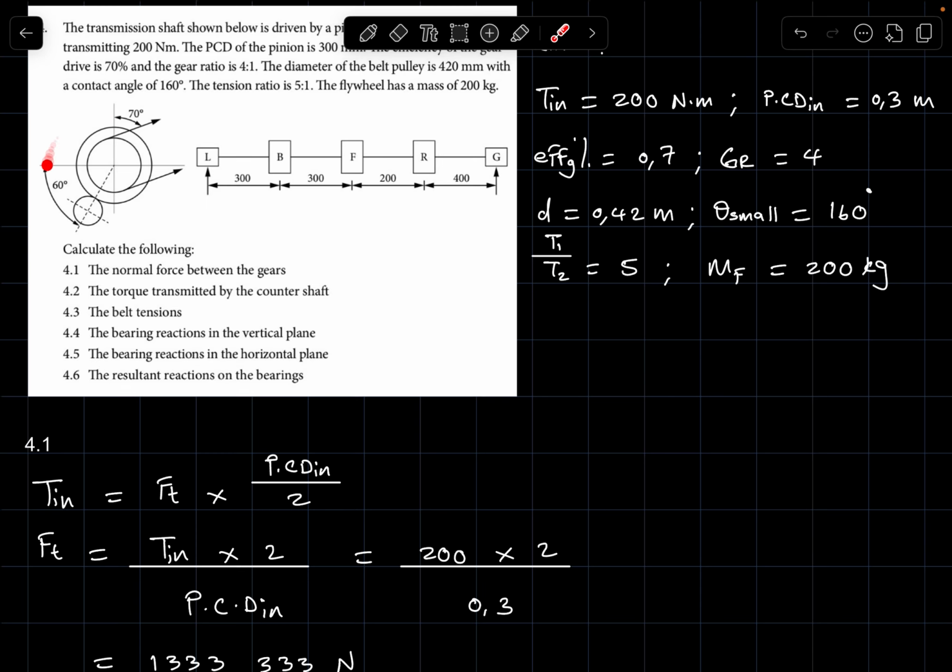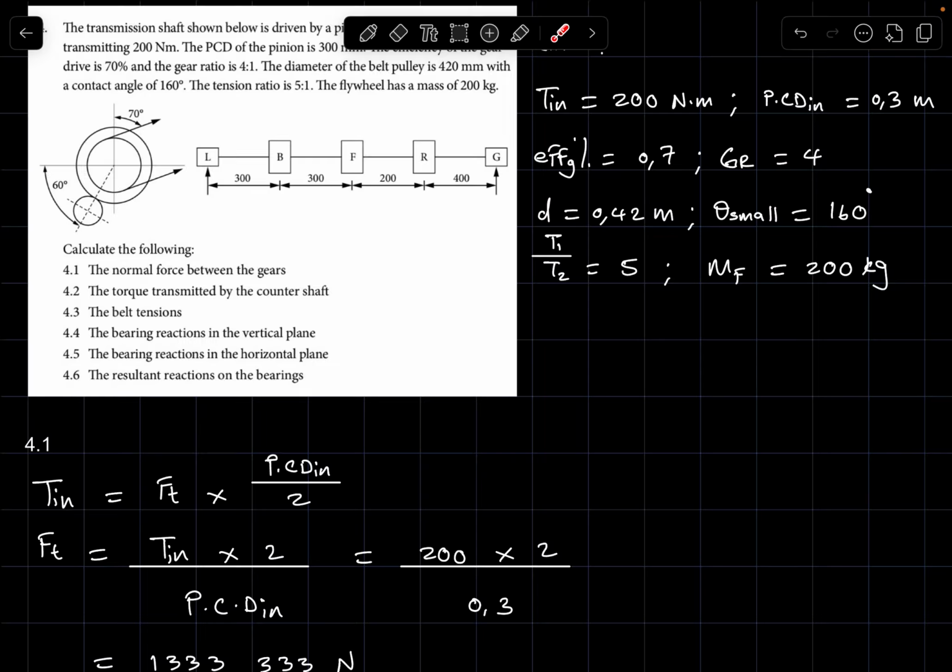Looking at the alignment of the mechanical systems, the belt drive is at an angle of 70 degrees from the y-axis, which means our belt force will be at an angle of 70 degrees from the y-axis in the first quadrant. That one is pretty straightforward.